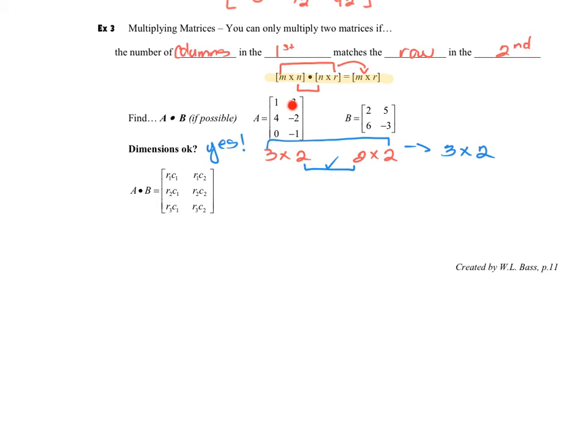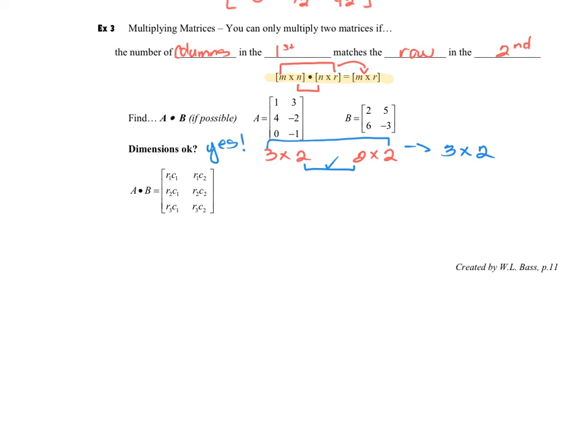So I need to do this row by this column, and this row by this column, and this row by this column. Then I'm going to repeat that process, and I'm going to do this row times this column, and this row times this column, and this row times this column. So some colors will be helpful for us as we break this down, and we're going to have to bounce back and forth between multiplication and addition.